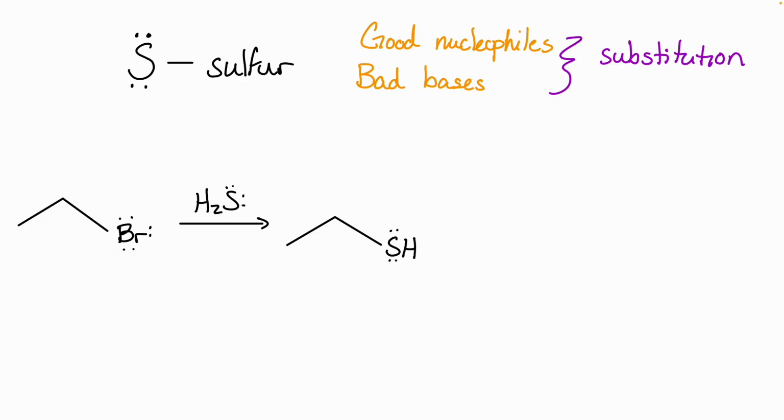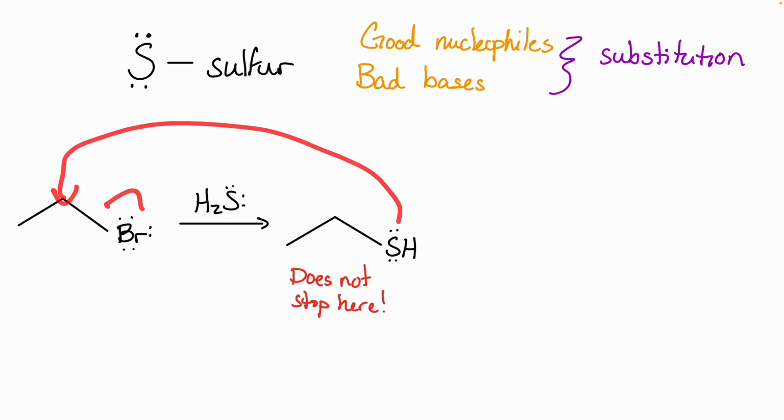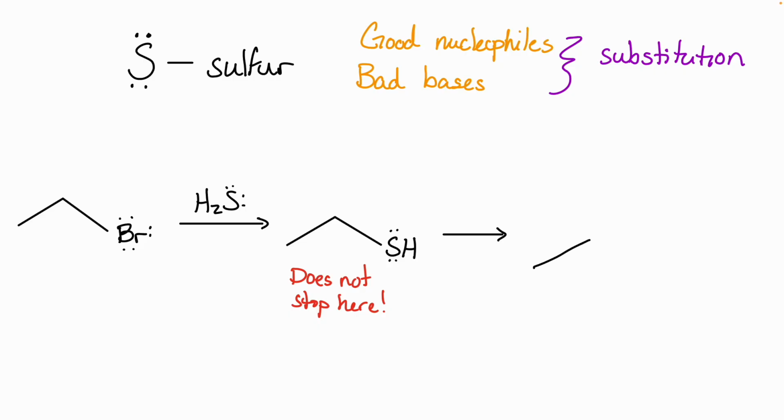All right, but importantly, this reaction does not stop here. Why not? Well, what do we say about these sulfurs here? They're good nucleophiles. So what's going to happen when we create this thiol here? It's just going to react with yet another molecule of our electrophile. So we would not get a thiol product in this reaction mixture.